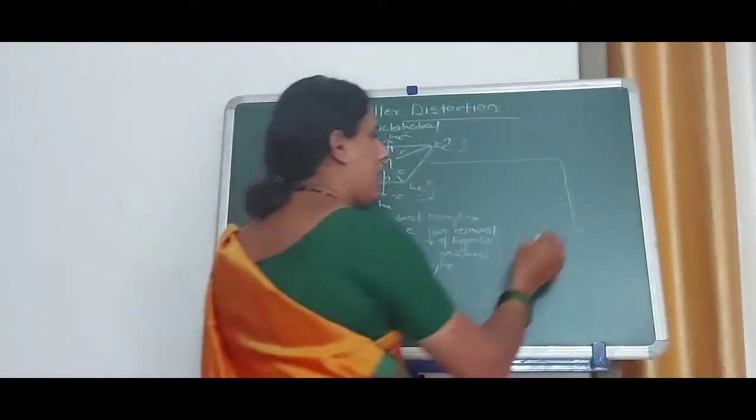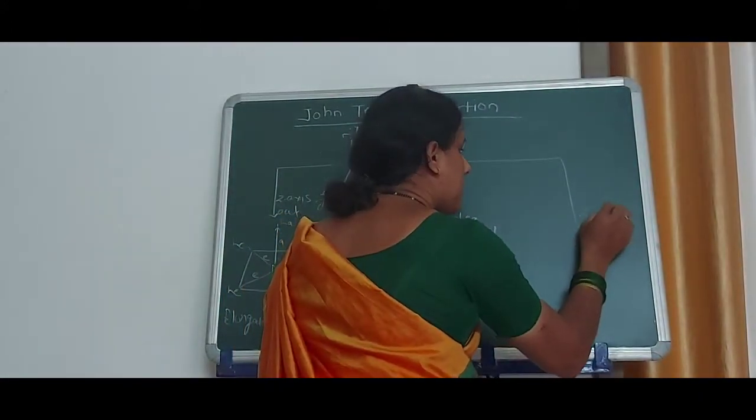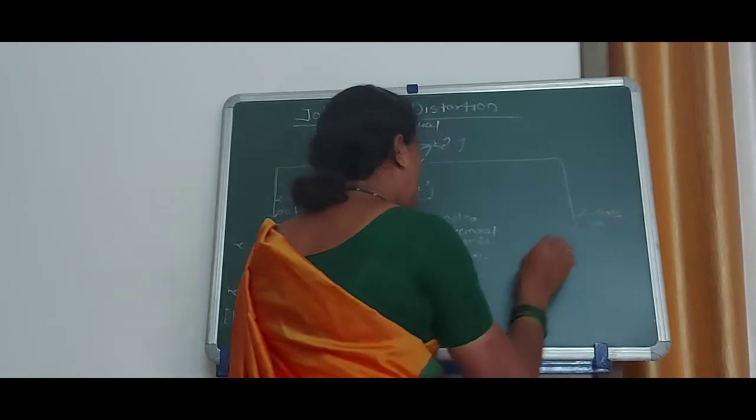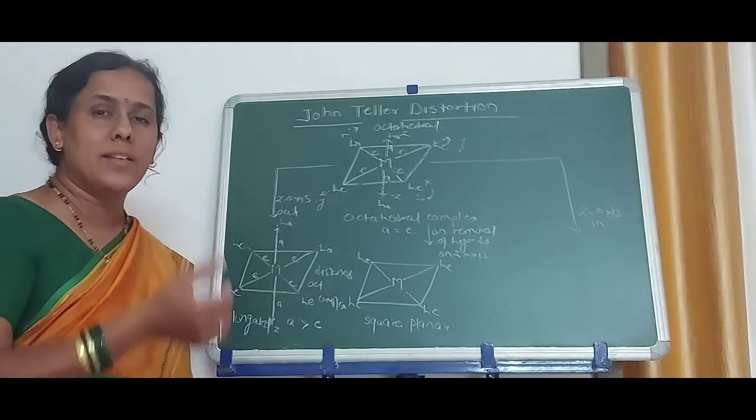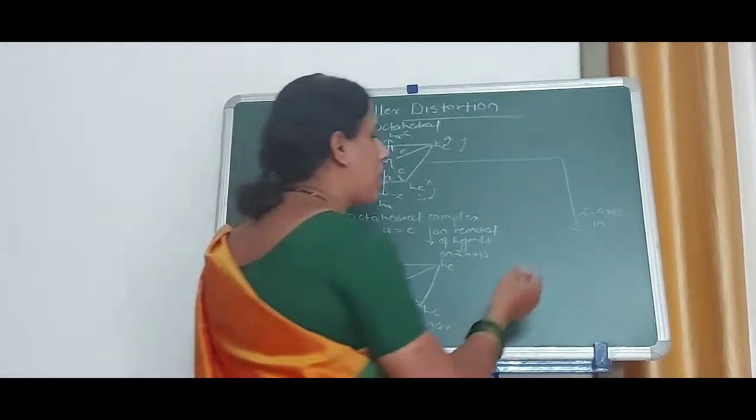And when the distance between the ligands located on the Z axis gets shortened, what happens?